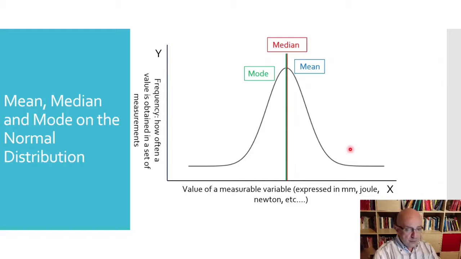Why? Well, let's talk first of the mode. The mode is the number in a distribution with the highest frequency. Well, we know that the y-axis of an ideal normal distribution represents the frequency, and the top frequency is the highest value, and the highest value in an ideal normal distribution is exactly in the center. So that's why the mode is in the center, because it is the number with the highest frequency.